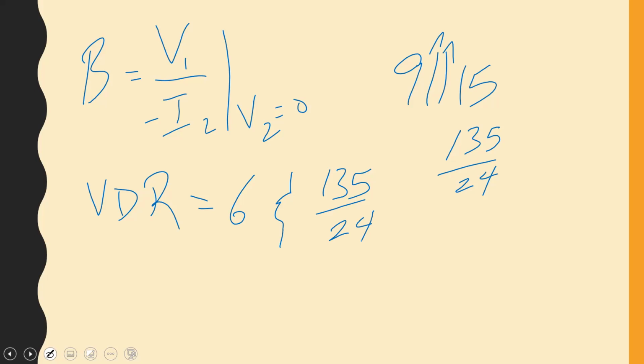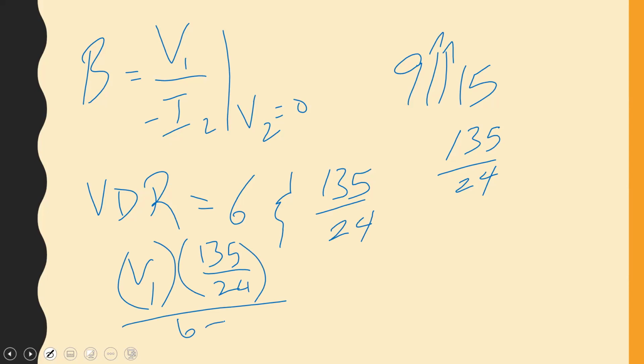So we want the voltage across the parallel section. That would be V1 times 135 over 24 over 6 plus 135 over 24.